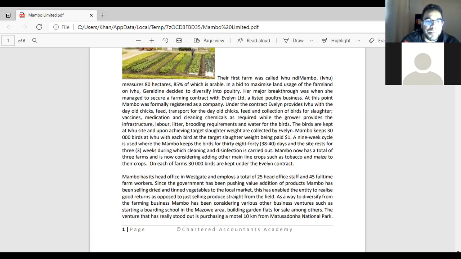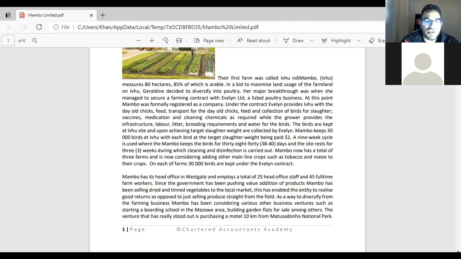At this point, Mambo was formally registered as a company. Under the contract, Evelyn provides Evo with the day-old chicks, feed, transport for the day-old chicks, feed and collection of birds for slaughter, vaccines, medication, and cleaning chemicals as required, while the grower provides the infrastructure, labor, litter, brooding requirements, and water for the birds.